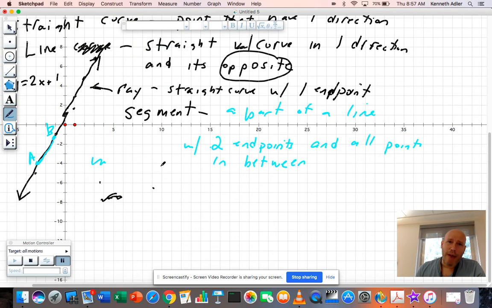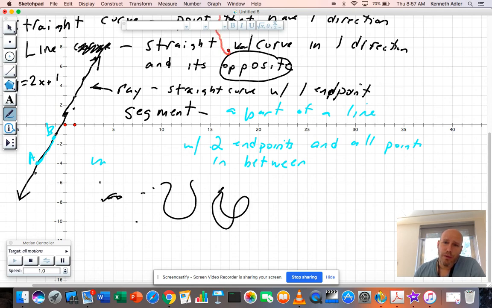Next thing. So we've created all these definitions, but we started with a point, we moved the point in one direction, we moved in the opposite direction. Okay, let's get back to curve. What kind of curve? So let's say I draw a bunch of curves, and here's a curve, here's a curve, here's a curve, and here's a curve.